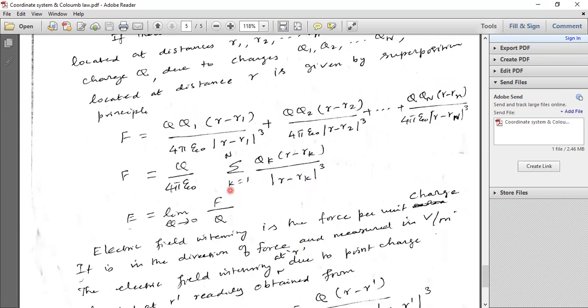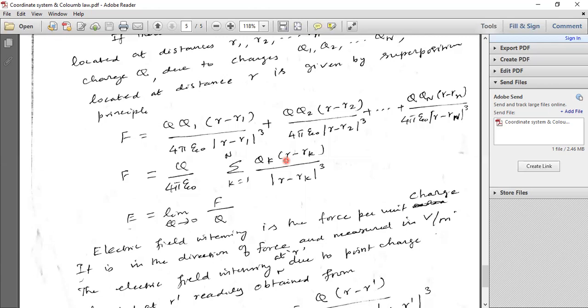From this definition, we can define the electric field intensity. Electric field intensity is nothing but force per unit charge. Suppose you have 1 coulomb of charge in free space or in a dielectric medium.